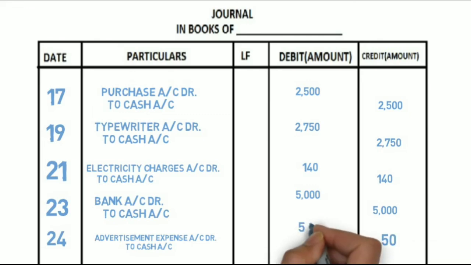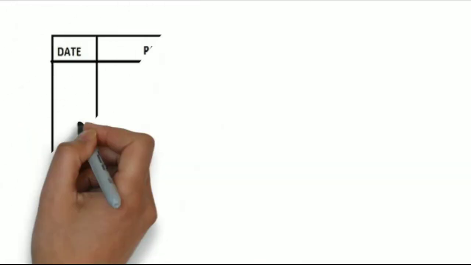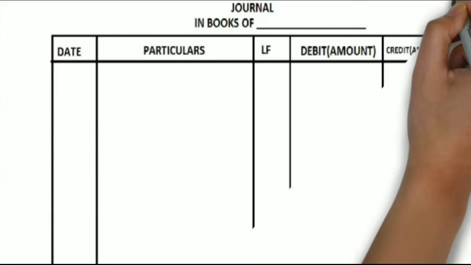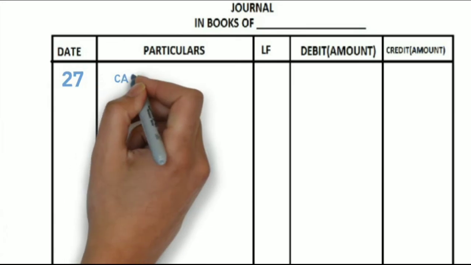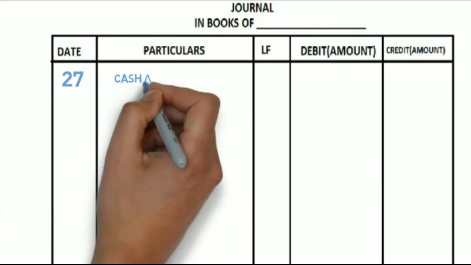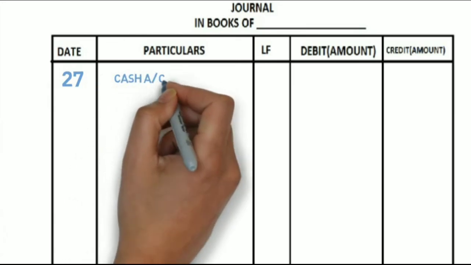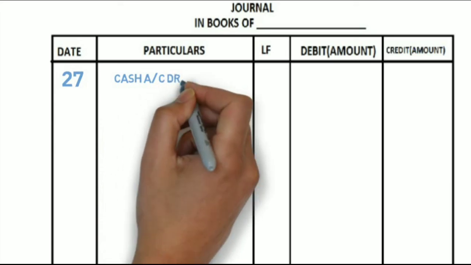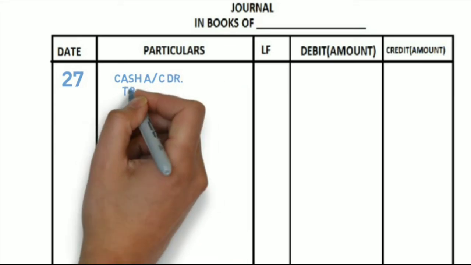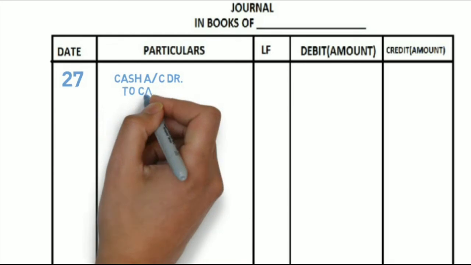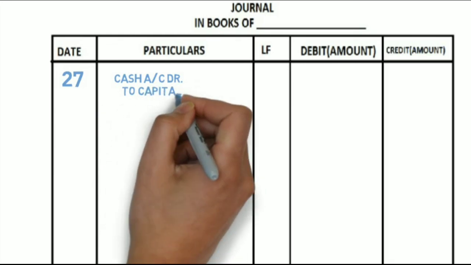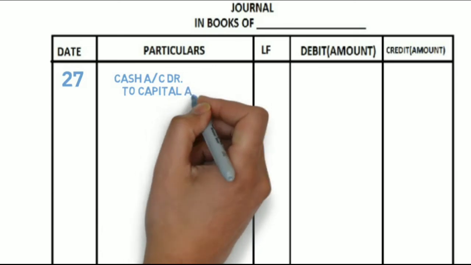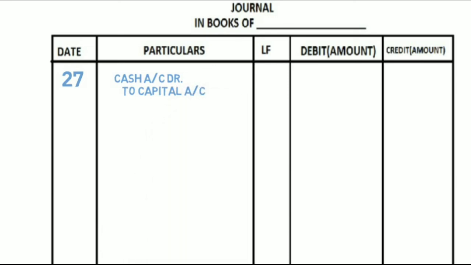On 27th introduced further capital by Anand 10,000. So accounts reflecting here are cash and capital. Cash, an asset, has been increased, and capital has been increased. An asset is a debit balance when it increases, and capital when it increases is a credit balance.